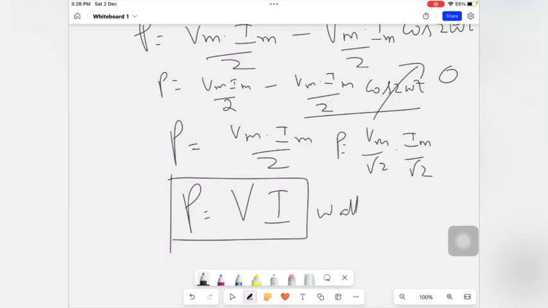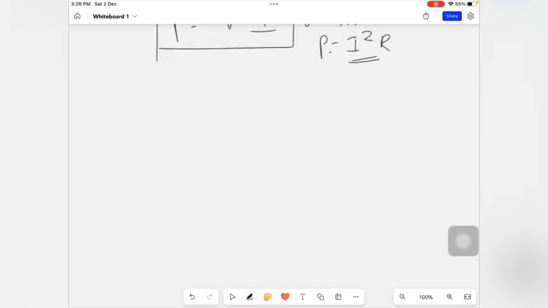The unit is watts in case of an AC circuit containing pure resistance. It can also be written, as per Ohm's law, V is I into R. So we can also write P is equal to I square R watts. Now we have to draw the phasor diagram of an AC circuit.